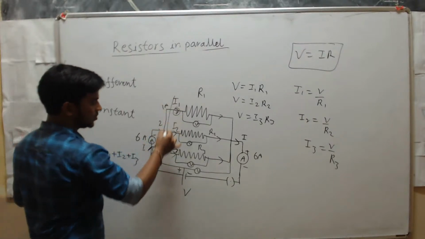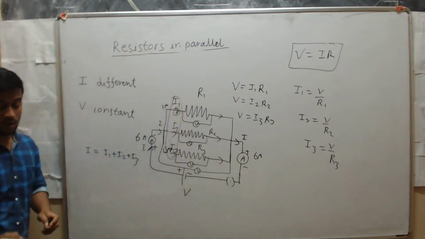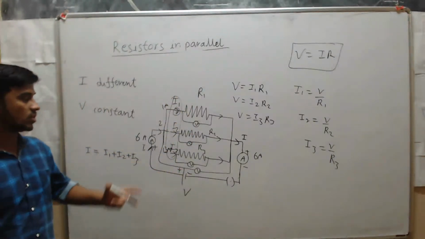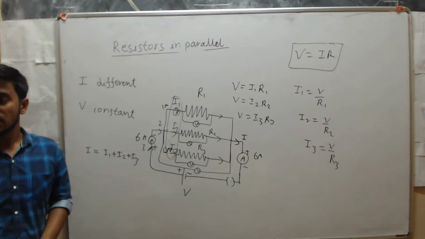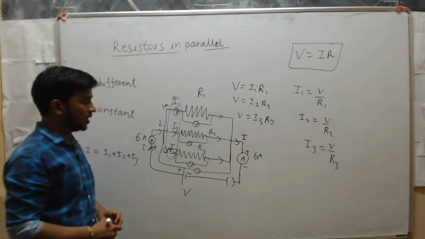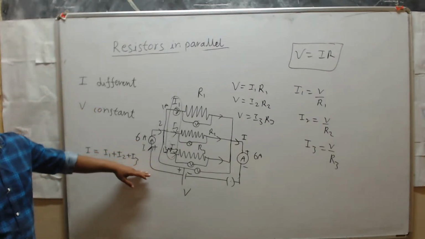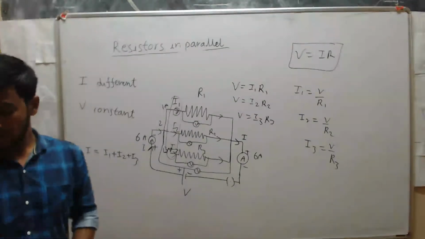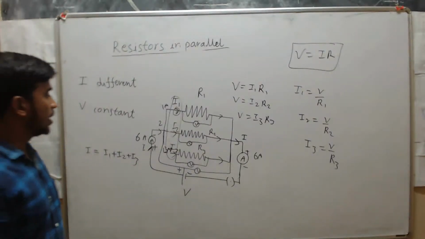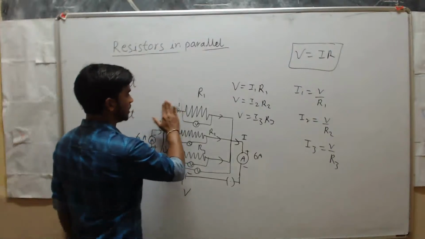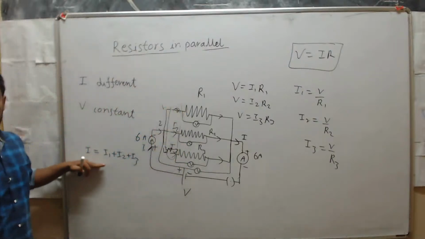If you add these three currents, you will get the total current in the circuit. So clear, right?